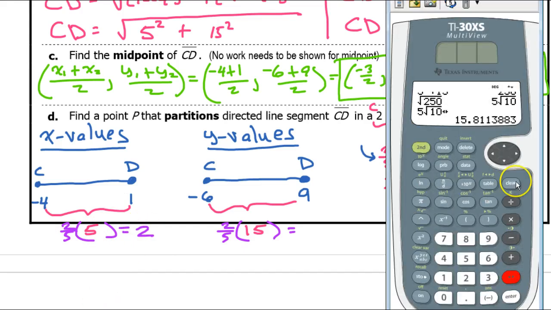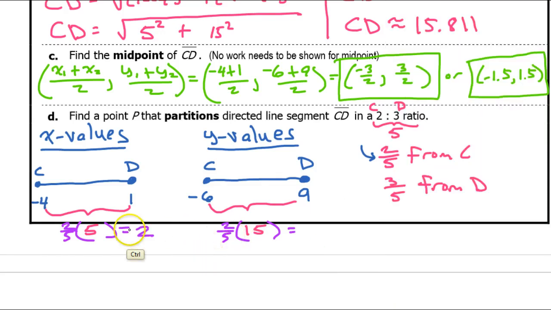Now if you're not comfortable with that, then you're going to have to use a calculator or something. So 2/5 of 5 is 2. Now that tells me how far I need to go from C. So 2/5 of the way from C is 2 units. So that's how far I'm going to go.